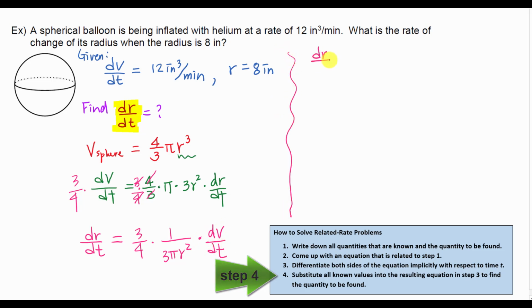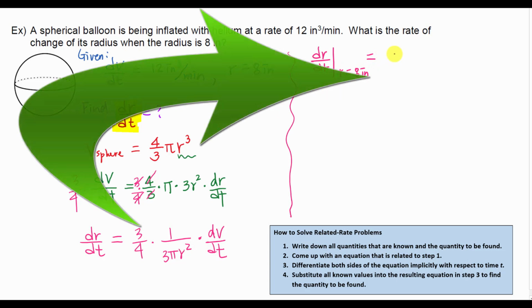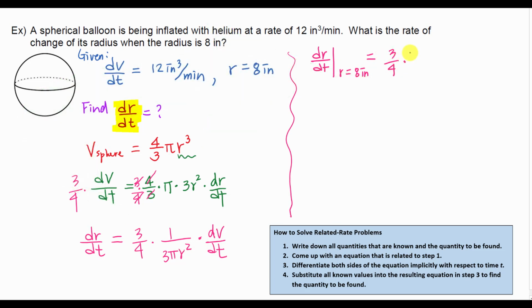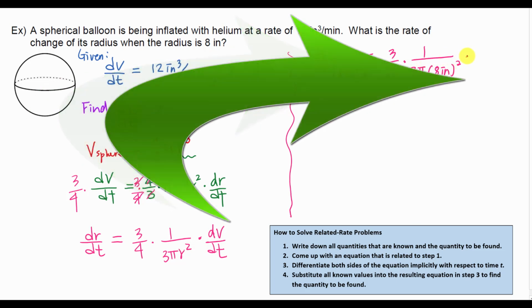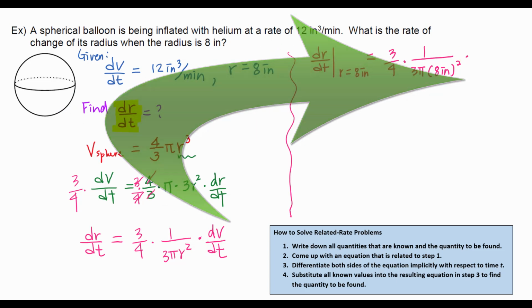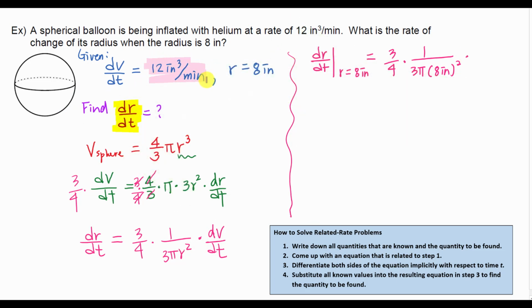Now you can plug in the values. So my dr/dt at r equal 8 inches is equal to 3/4 times 1 over 3 pi, r is 8 inches, squared, times dV/dt, which is 12 inch cube per minute. So you can plug in there.